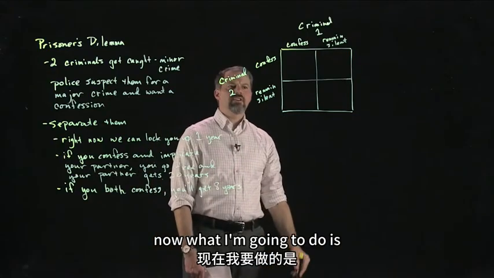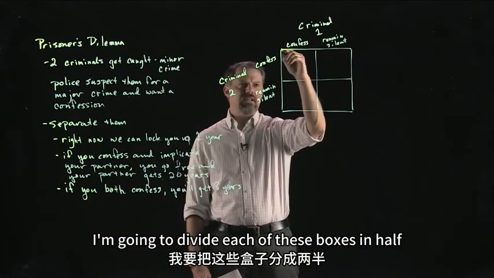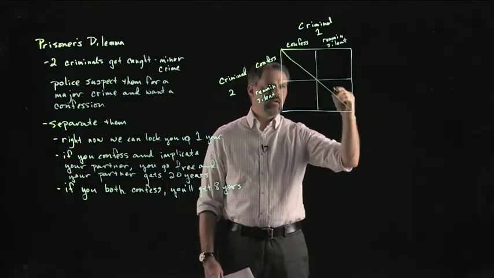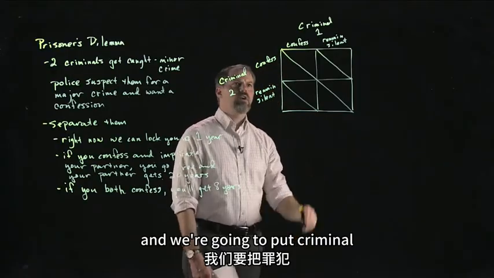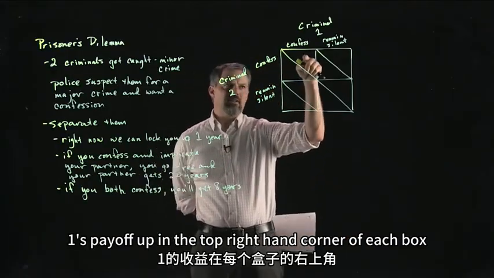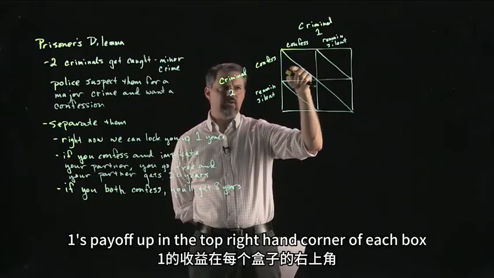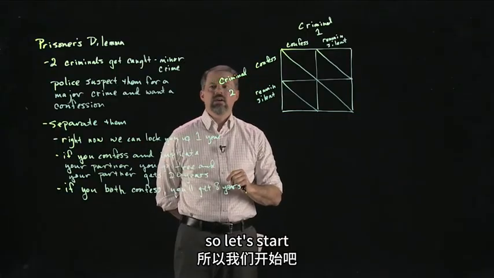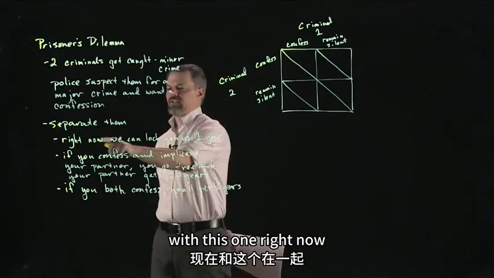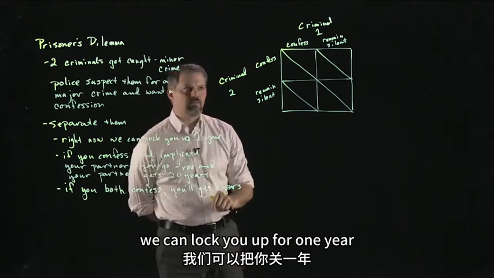Now I'm going to divide each of these boxes in half this way, and we're going to put the payoffs in the box. We're going to put criminal 1's payoff up in the top right-hand corner of each box and criminal 2's payoff in the bottom left-hand corner of each box. So let's start with this one. Right now we can lock you up for 1 year.